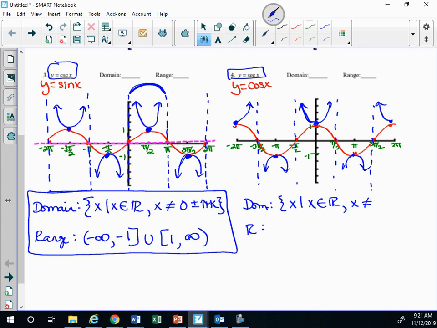Pi over 2, good. Plus or minus, how far apart are the asymptotes? Yeah, they're still pi apart, right? From pi over 2 to 3 pi over 2 is still pi. So it's still plus or minus pi k. Weird, but not that hard.